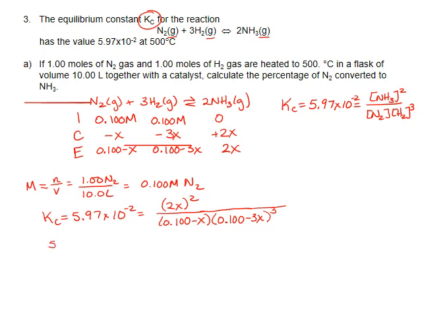One thing we notice about this equation is that the value of K is small. What does that mean chemically? That means that at equilibrium, we expect mostly reactants and not so much products.